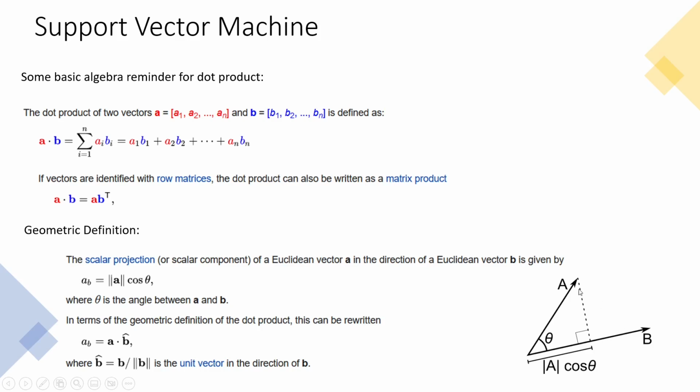That is the length of A times cosine theta, where theta is the angle between vectors A and B. And this same equation can be written as A dot product B, where B is the unit vector of vector B and A is the vector A. So we will be dealing a lot with this distance, the projection of vector A onto the vector B. We will be using this a lot.